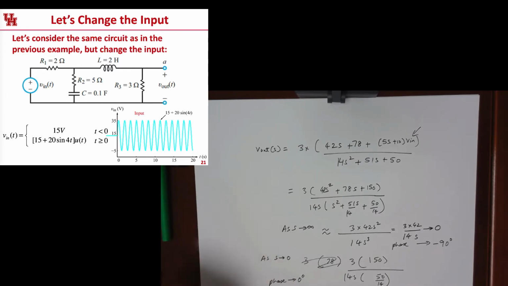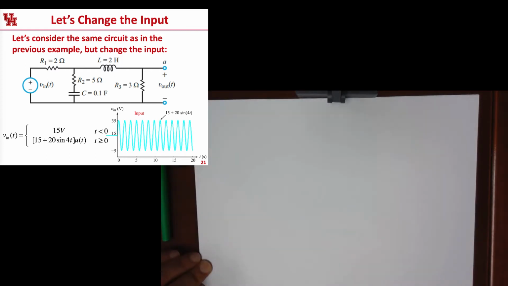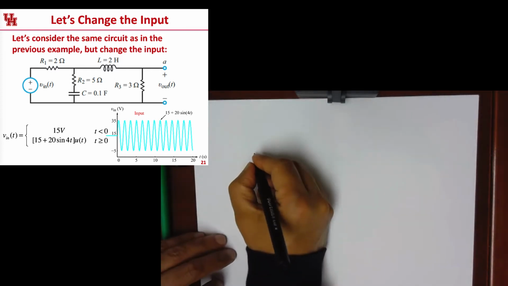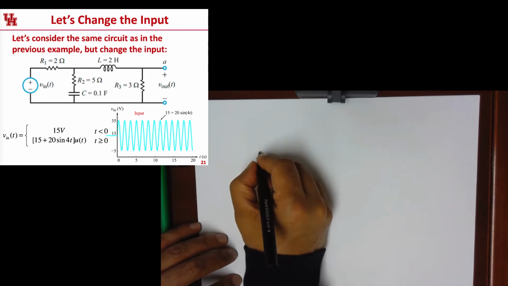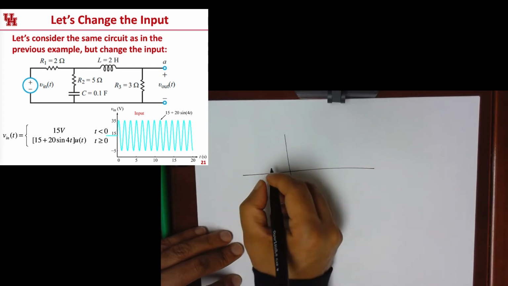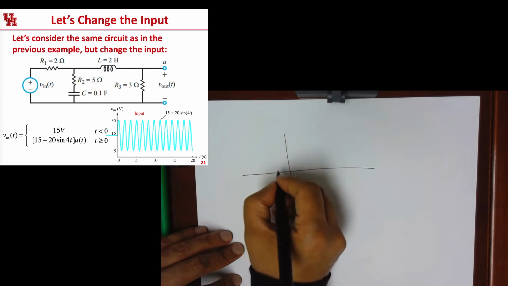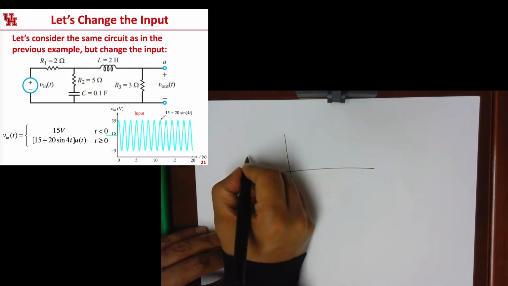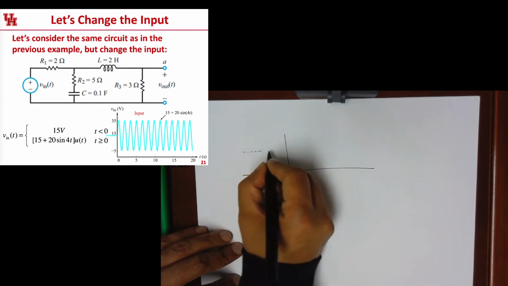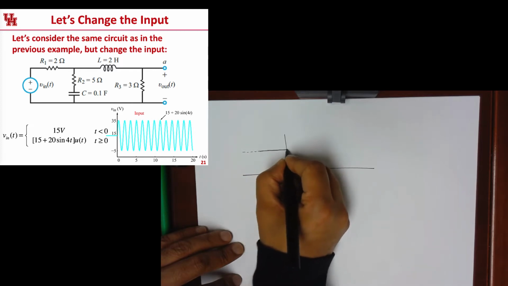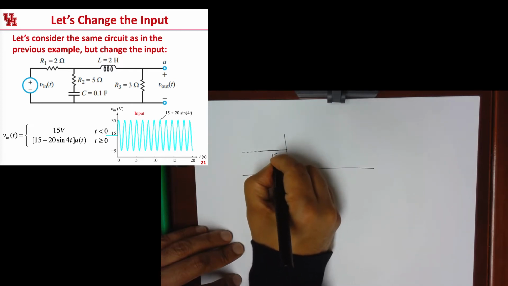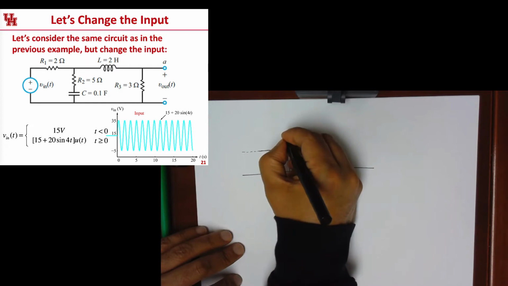Now, for the same circuit, if we were to change the input, and this is an interesting input. It's kind of like turning on the AC power. If you look at the time from minus infinity all the way to 0, this was at DC 15 volts, just like what we had in the previous example.